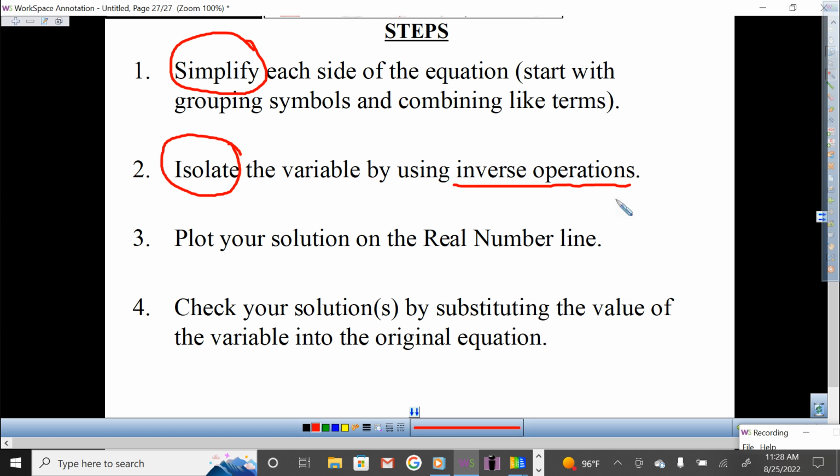We'll talk a little bit more about that. Step 3, we're going to plot our solution on the number line. And step 4, we're going to check. So 4 easy steps. Simplify, isolate, plot, check.